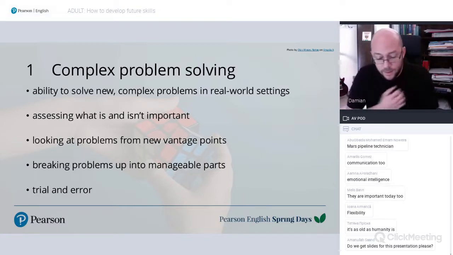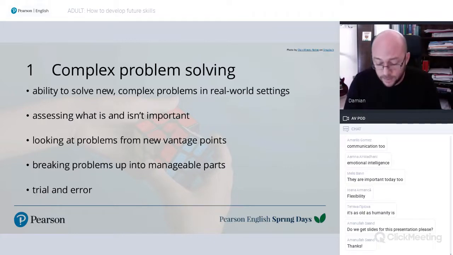Okay, so a big part of complex problem solving is first actually defining what the problem is. Part of that is assessing what is and isn't important, what we actually need to solve, and what is part of the problem and what is peripheral.